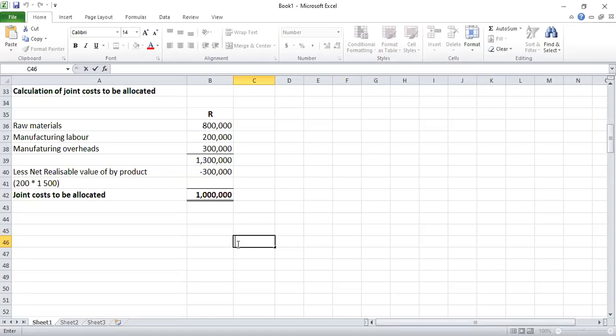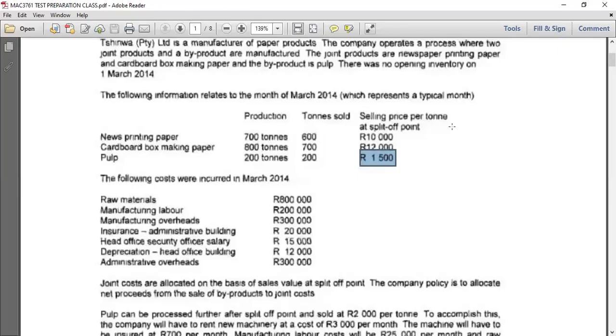Now the question is, how do we allocate them? Eugene? Yes. I understand the 200 and the 1.5, what is that for? The 200 is the tons being sold at 1.5. Here it is the selling price per ton. Thanks. Then the 1.5 is the selling price.